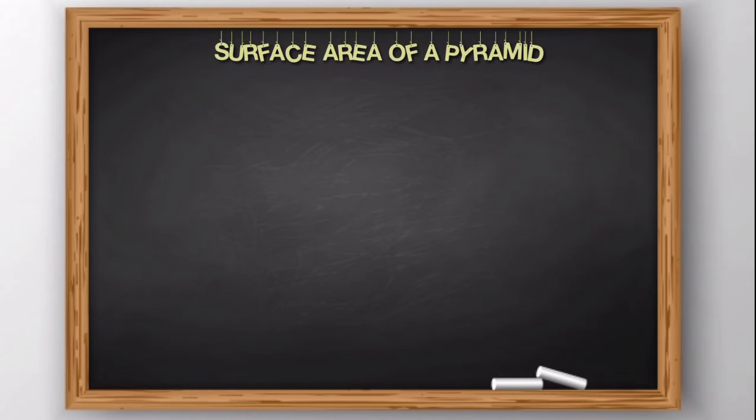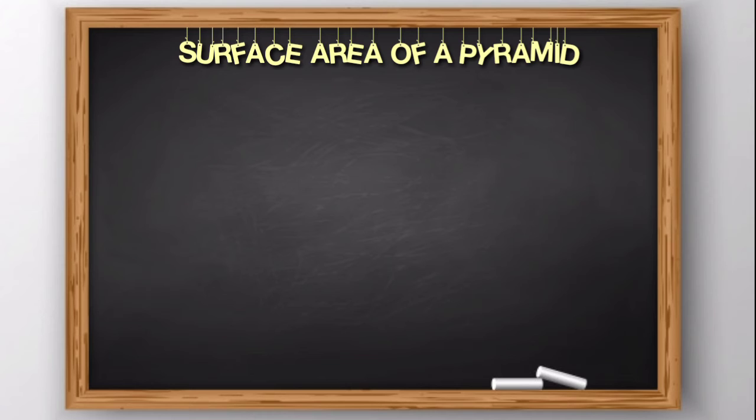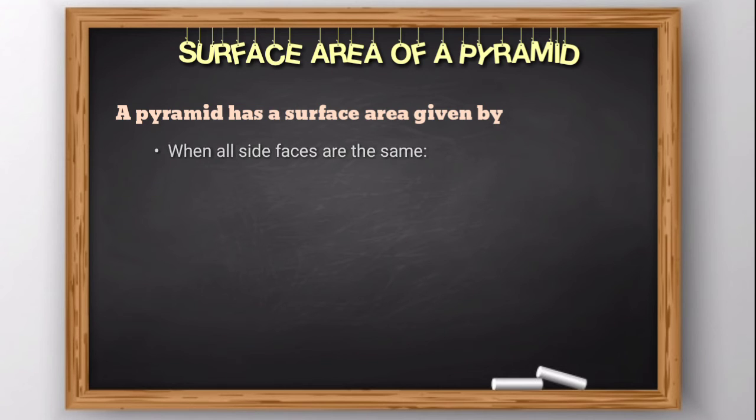After we understand what a pyramid is, we continue with the surface area of a pyramid. The surface area has two parts: the base area, and the area of the side faces, or the lateral area. A pyramid's surface area is the sum of the base area and all the side faces.